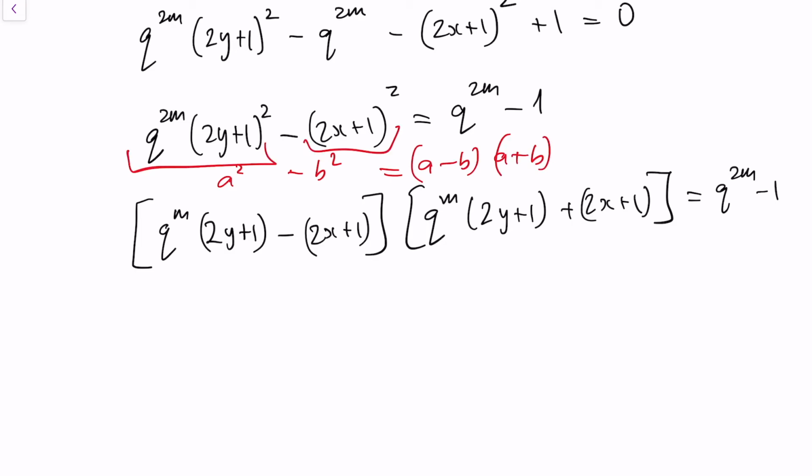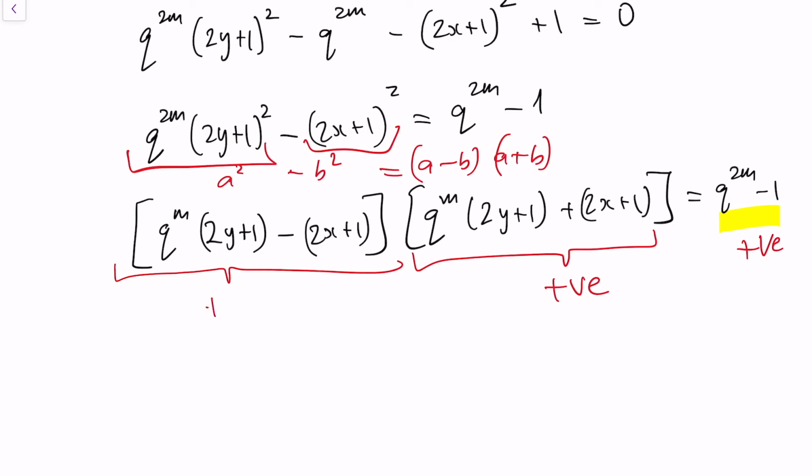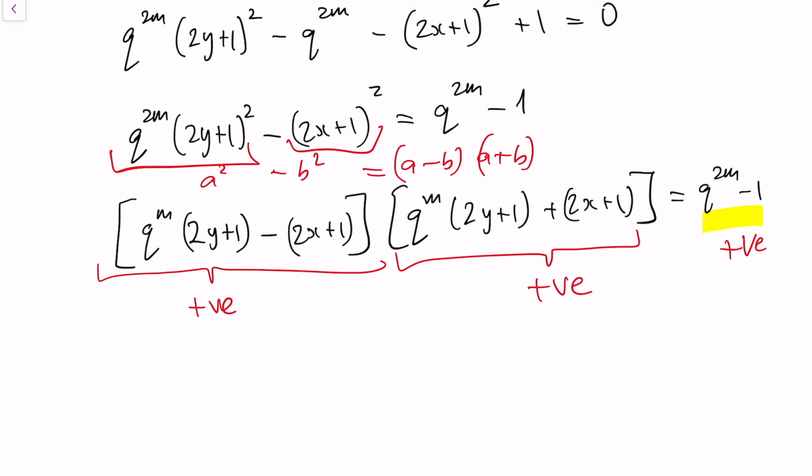Now let's analyze this situation, because we know q is a prime number. On the right-hand side, we have a positive term, and this term here is also certainly positive, and we're multiplying it by another term, so this term must be positive as well. That means if q to the 2m minus 1 is equal to a product of a and b, it must be greater than the parts of this product.